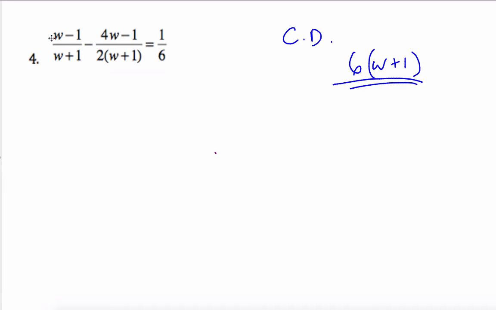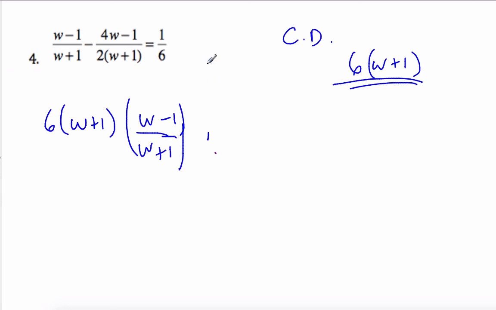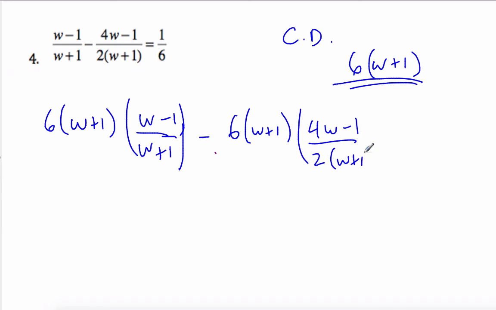Each term is going to be multiplied by 6 times w plus 1. So 6 times w plus 1 times w minus 1 over w plus 1, minus 6 times w plus 1 times 4w minus 1 over 2 times w plus 1.